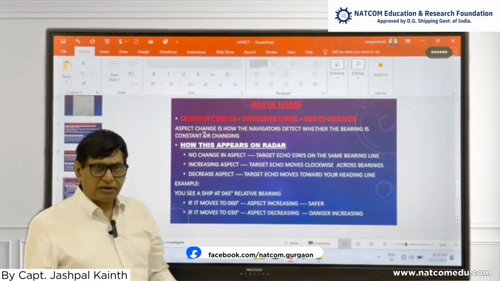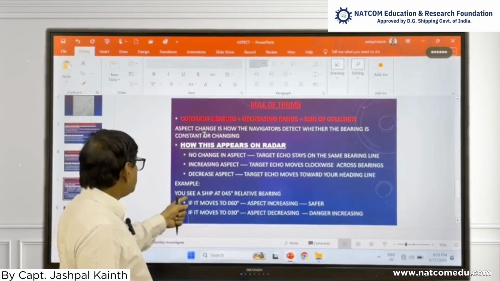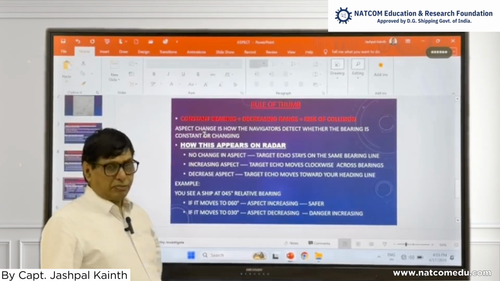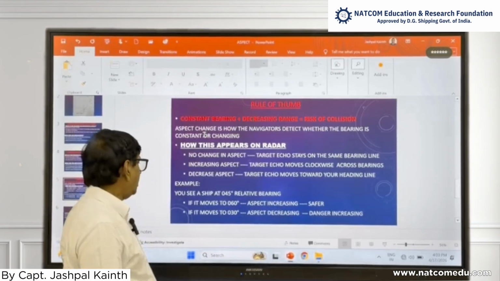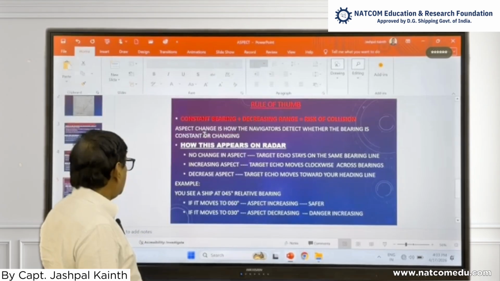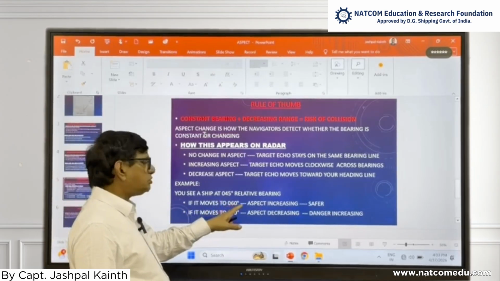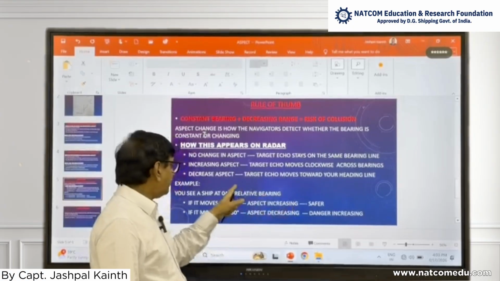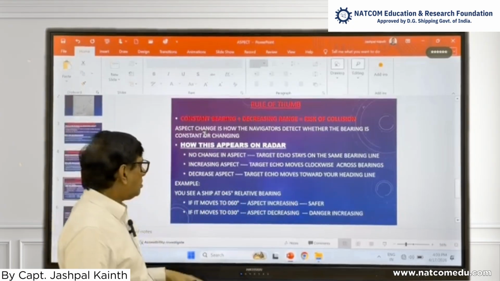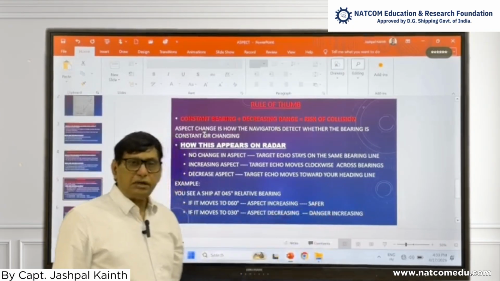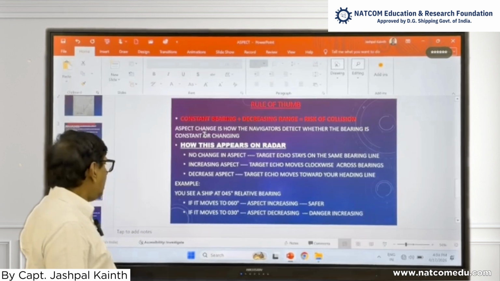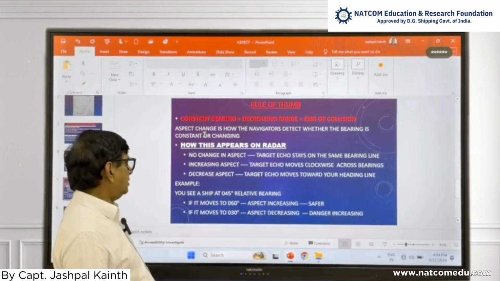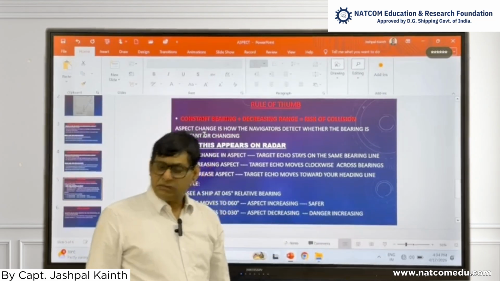For example, if you see a vessel at a 045 degree relative bearing from your vessel and it moves to 060 degrees, the aspect is increasing, and in that case it is safer. If it moves to 030, the aspect is decreasing, which means the danger is increasing.